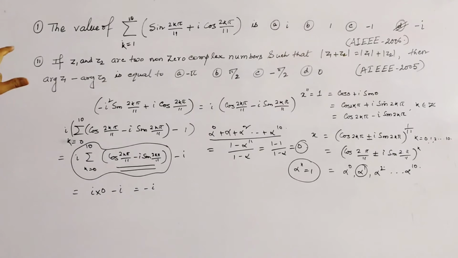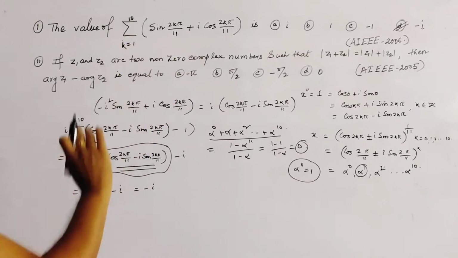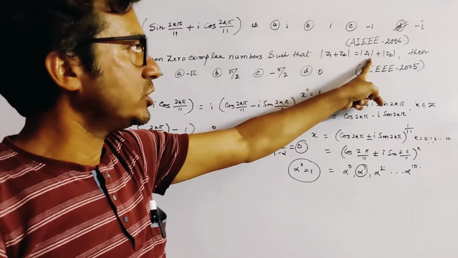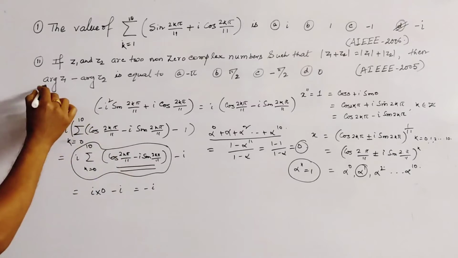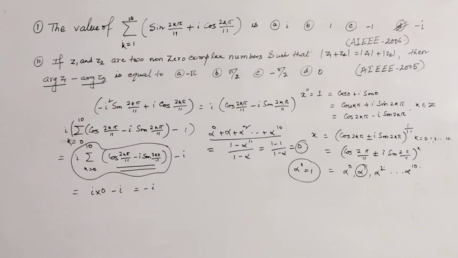Now we go for the second one. This is a very easy problem. Z1, Z2 are two non-zero complex numbers such that mod of Z1 + Z2 is equal to mod Z1 + mod Z2. Then we have to find argument Z1 minus argument Z2. There are four given options.